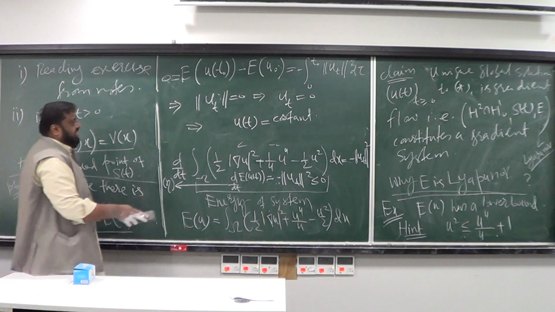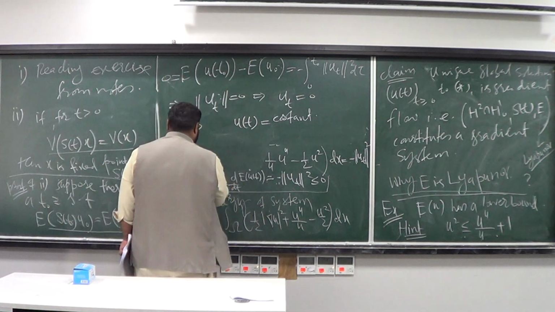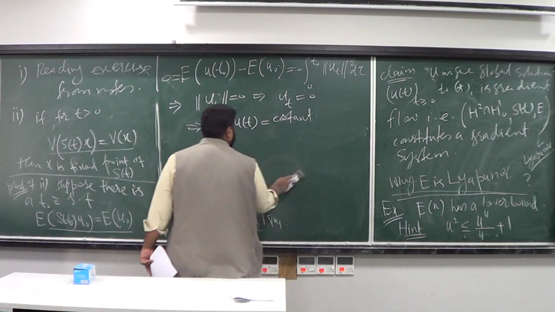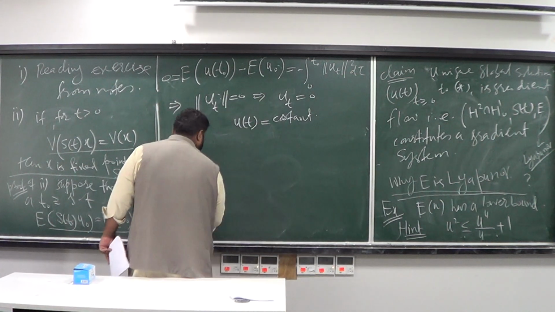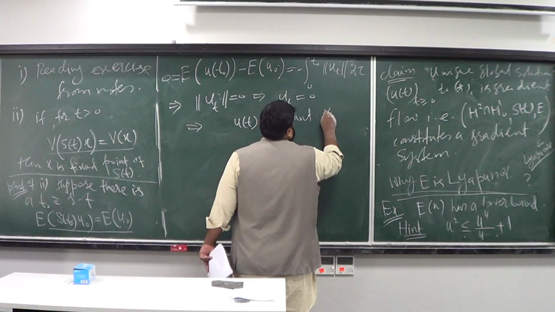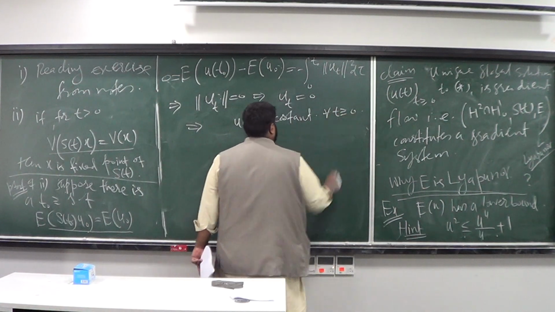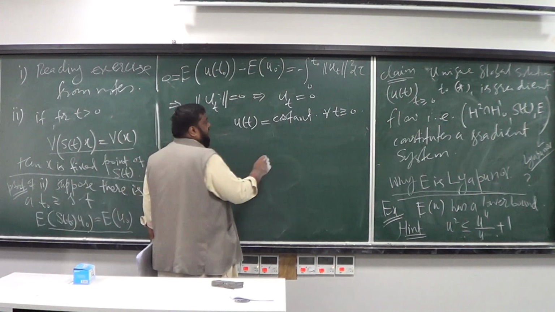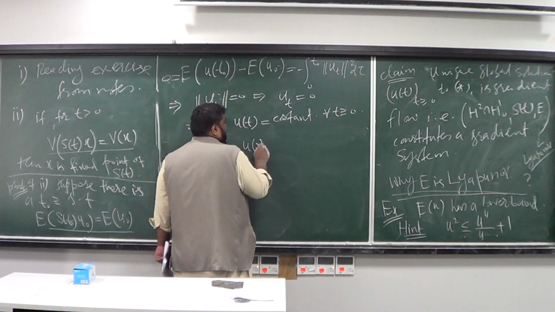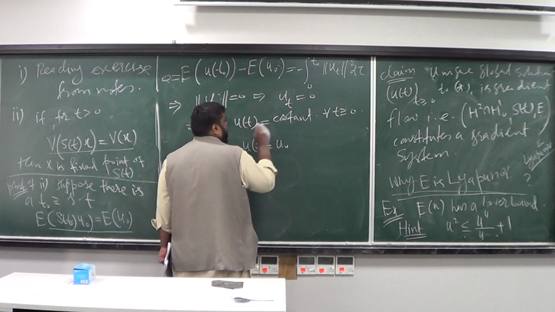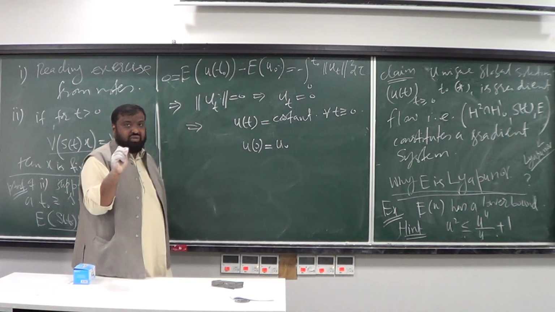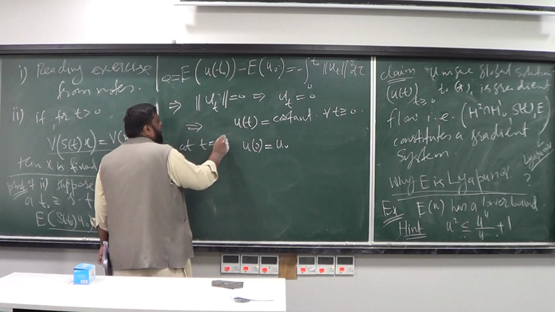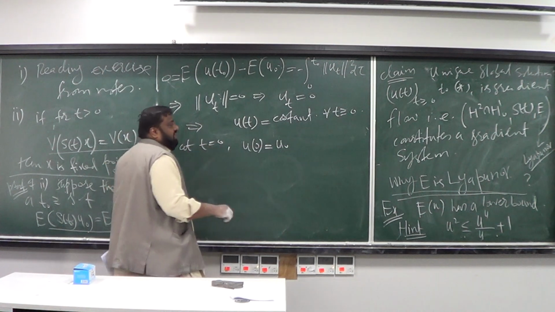So if it is constant, what does this show? By the way, this is constant for all t bigger than or equal to 0. I know this constant: at t equal to 0, u of 0 is u naught.